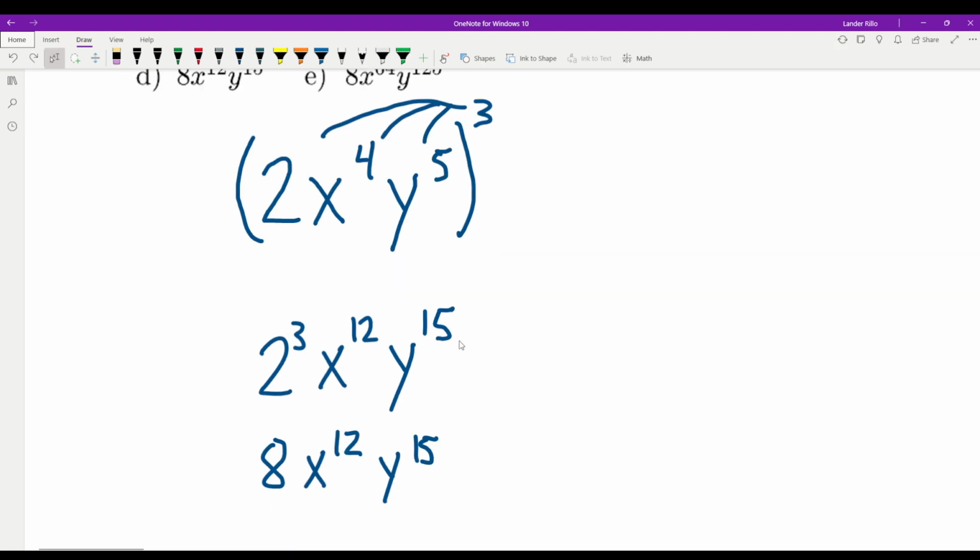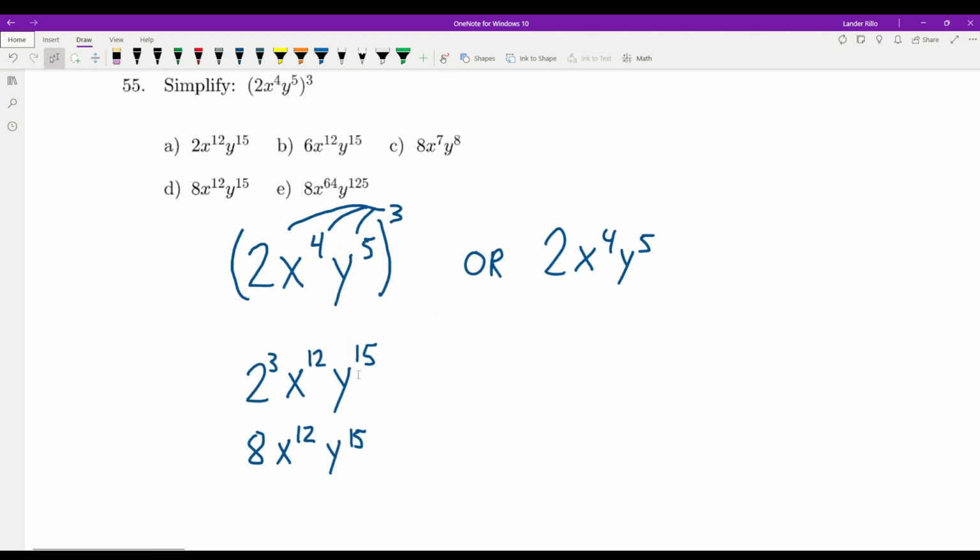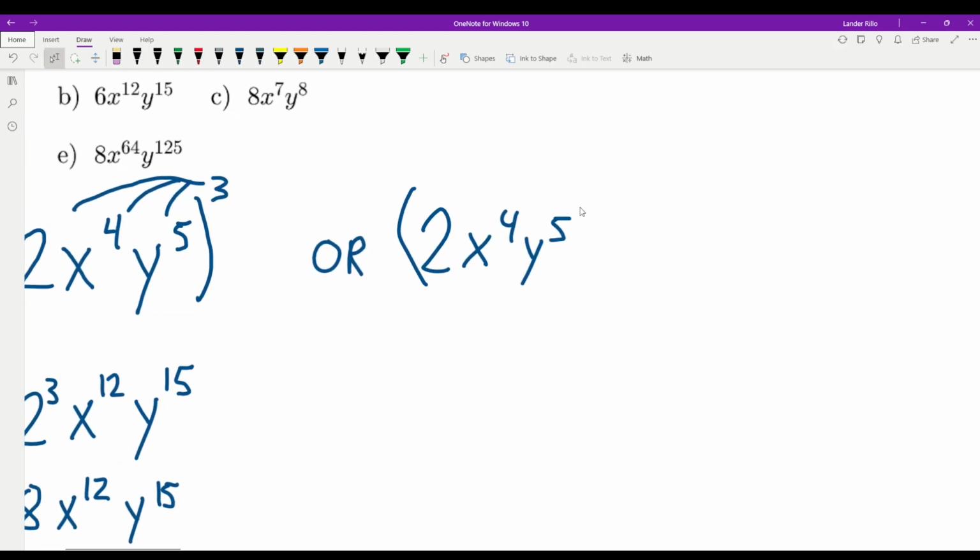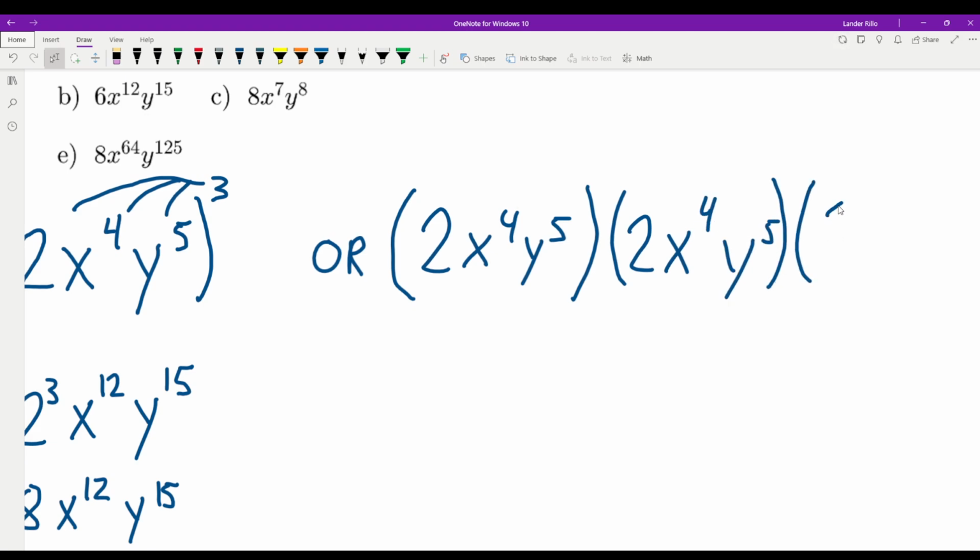Now there is another way to do this, of course. Since it's power 3, it's just multiplying whatever is inside as the base 3 times. So you can do it alternatively like this. It's a lot longer though. This, and this 3 times. And you don't do FOIL here because it's only multiplication between the terms.